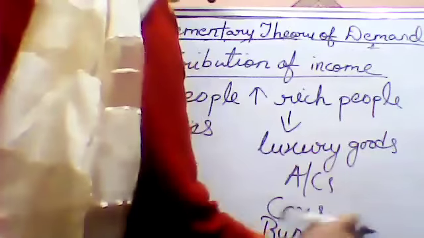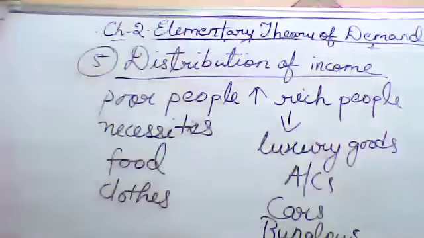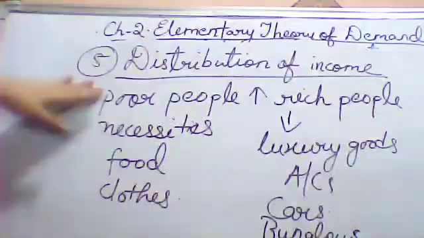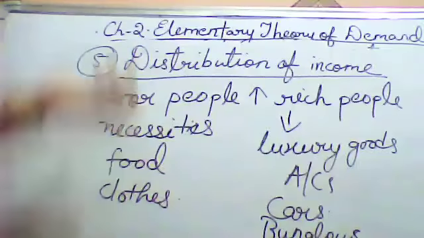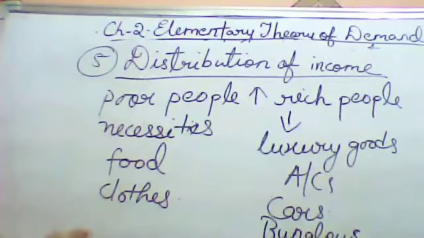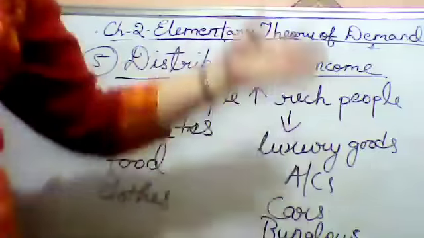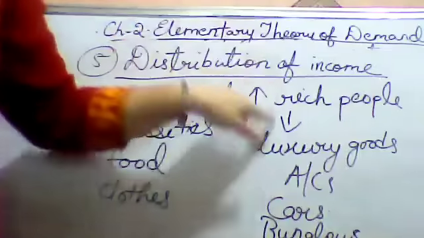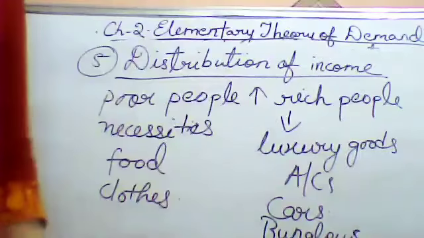All these things will be demanded more if the rich section is larger in the society and there are fewer poor people. If there are poor people, then necessities of life will be demanded more. If there are rich people, then more luxury goods will be demanded, right? So distribution of income also affects the market demand.